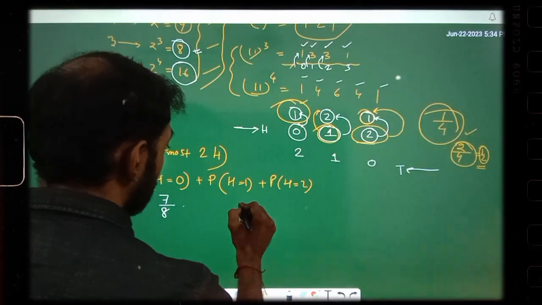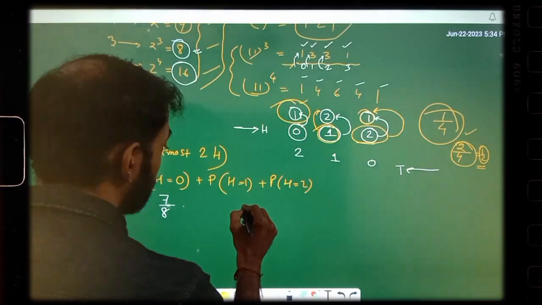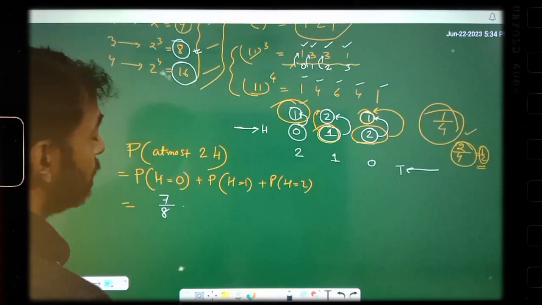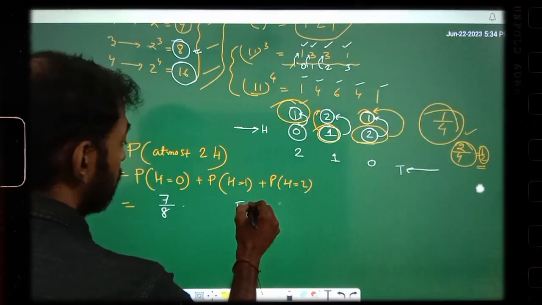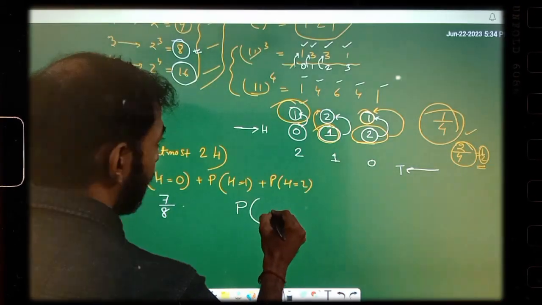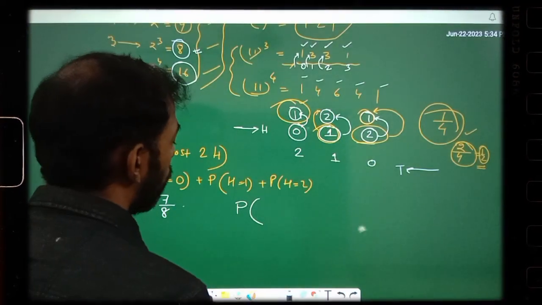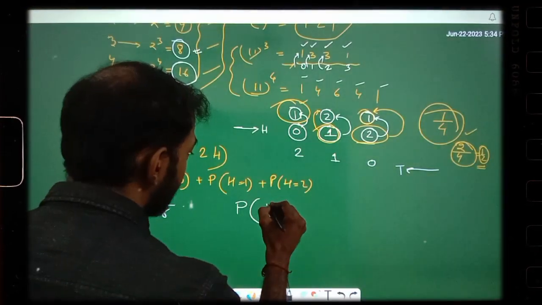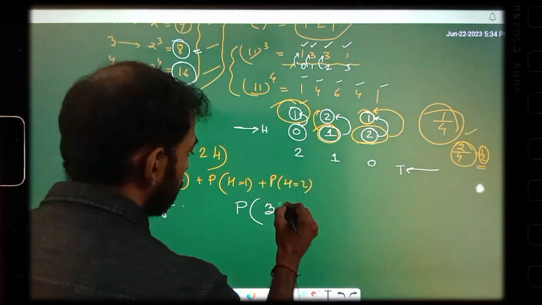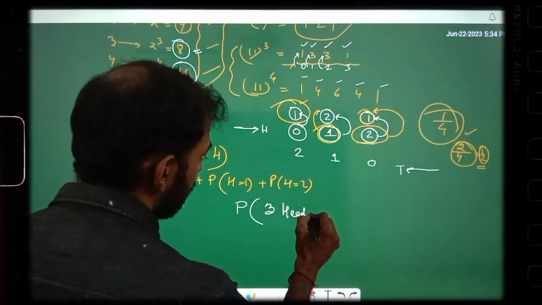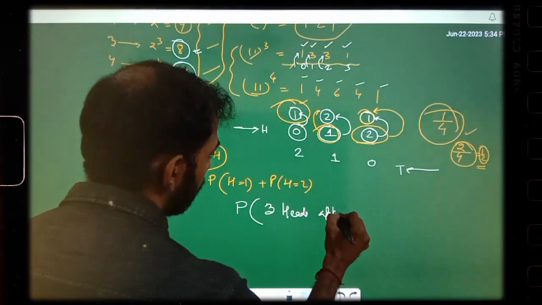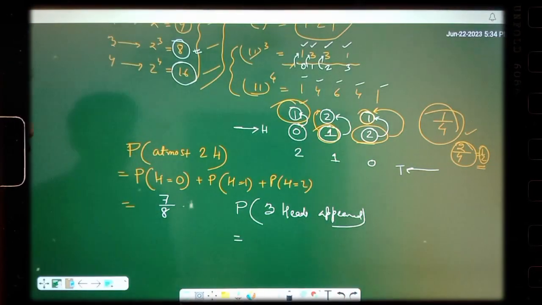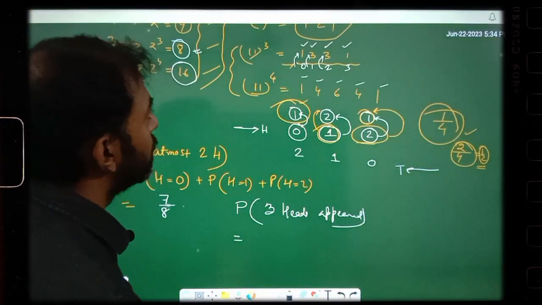Again, if we are asked to find the probability that when 4 coins are tossed simultaneously, the number of heads appearing is 3, that is, the probability of 3 heads appearing, we need to calculate that.